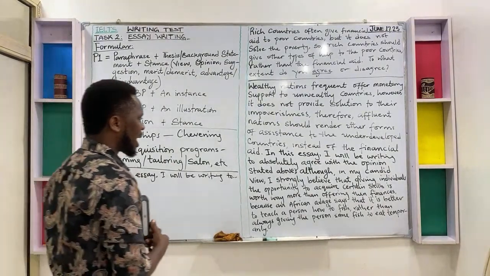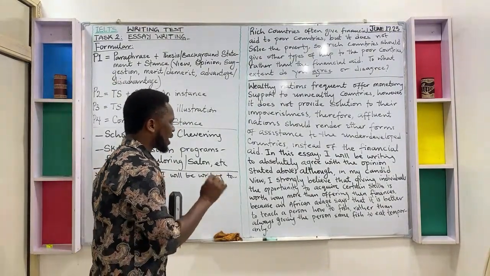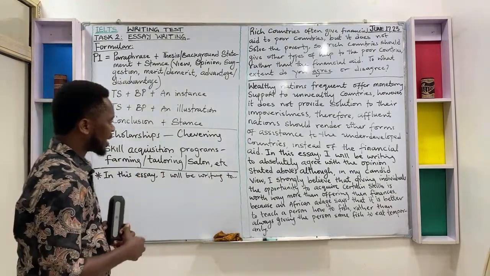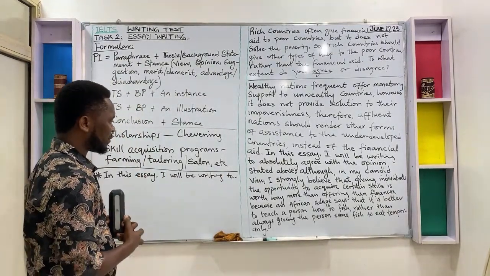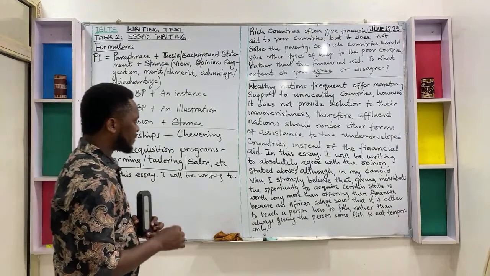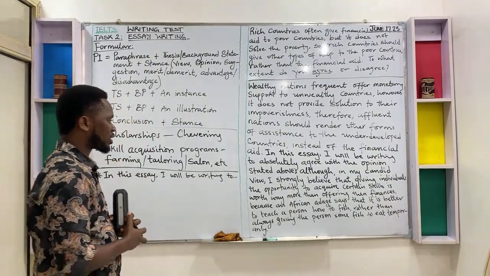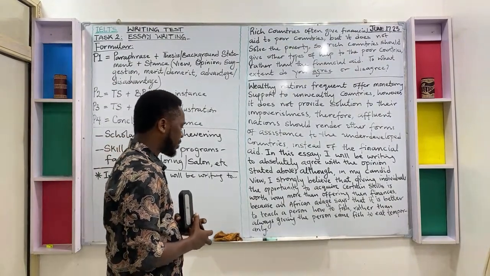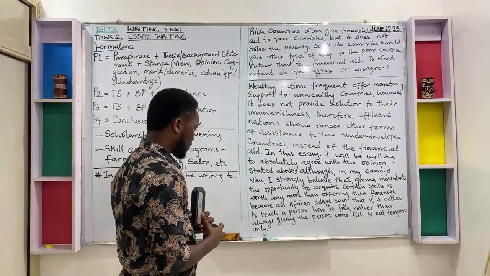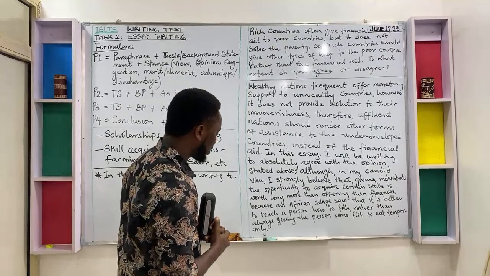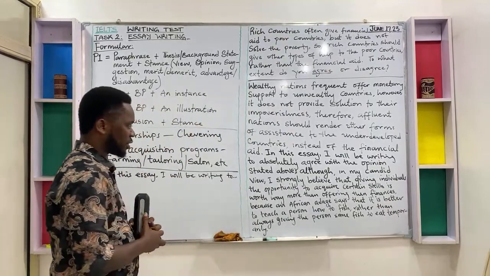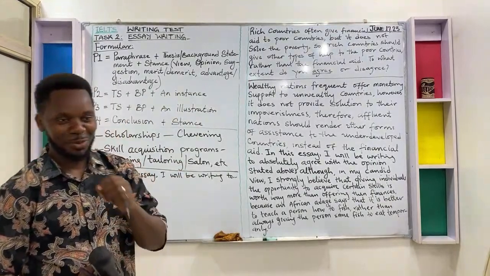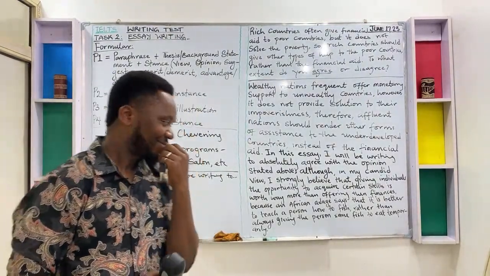In this section, I will be writing to absolutely agree with the opinion stated above. Although, in my candid view, I strongly believe that giving individuals the opportunity to acquire certain skills is worth way more than offering them financially. Because an African adage says that it is better to teach a person how to fish rather than always giving them temporary relief.